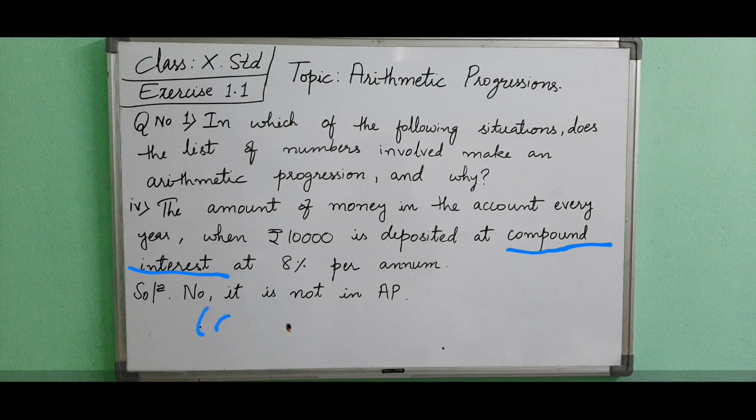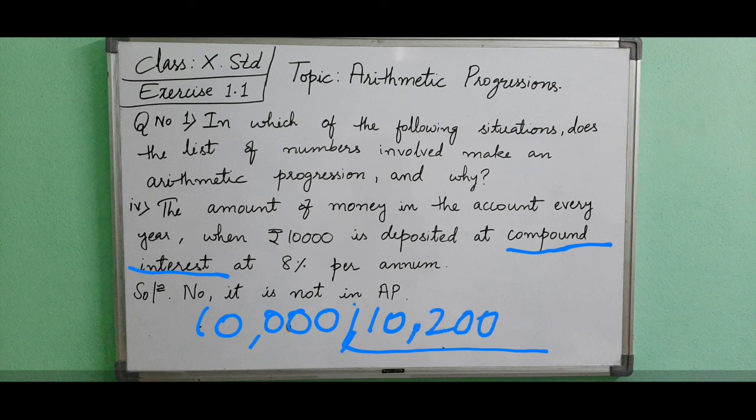Suppose in the first year it is 10,000 and in the second year, along with the interest, it has become 10,200. So on 10,200 they will give the interest, so the interest will also increase.